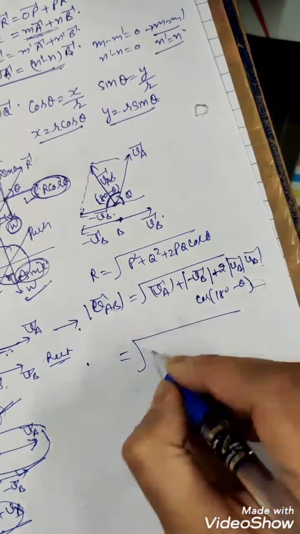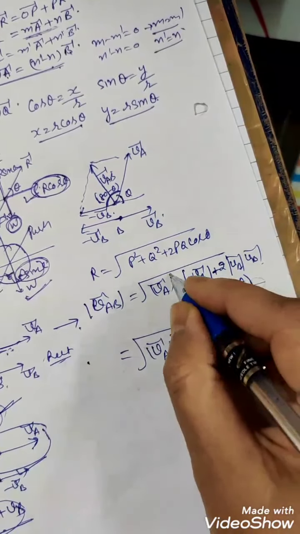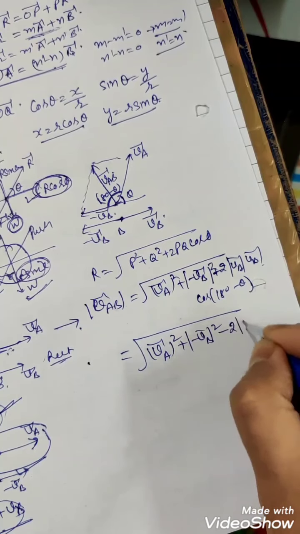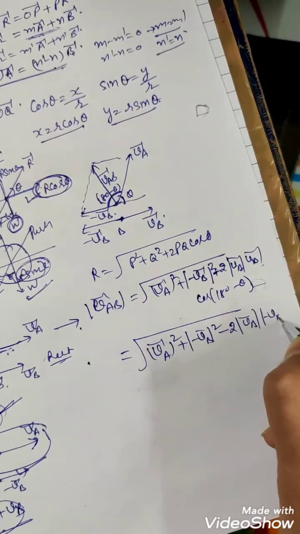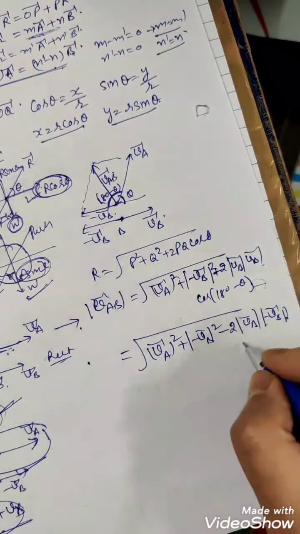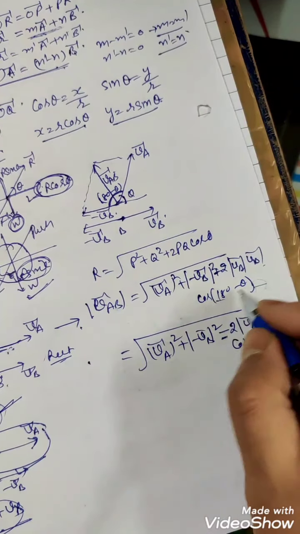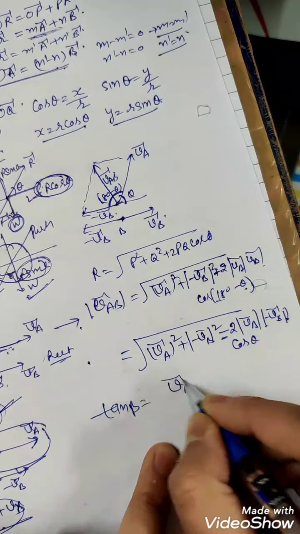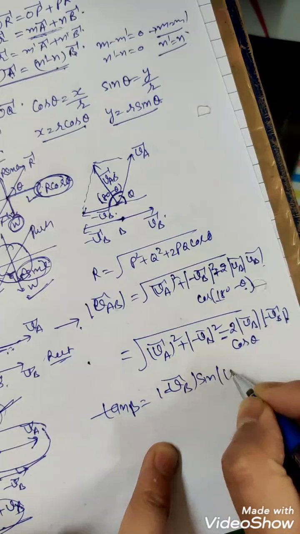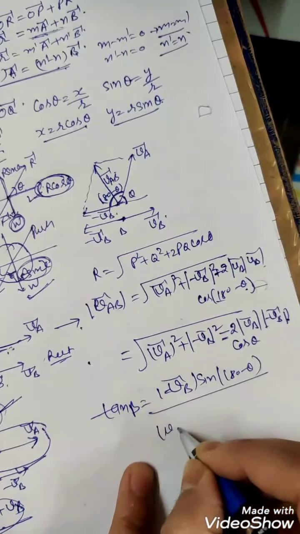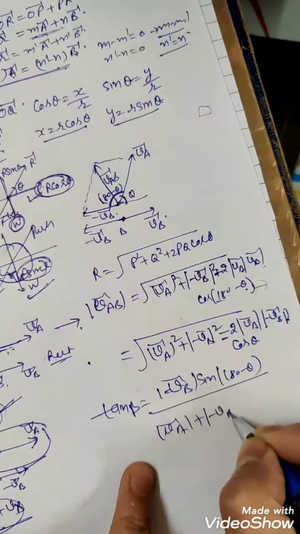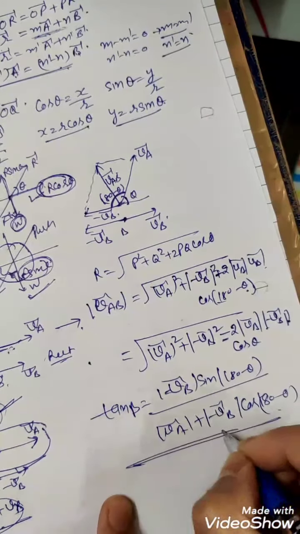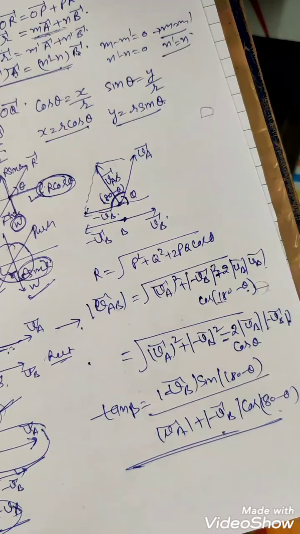So I write A squared plus B squared minus 2AB cos theta. The negative comes from 180 minus theta. When you want to find the direction, you have tan alpha equals B sin of 180 minus theta upon A plus B cos of 180 minus theta, with B negative. Again, by using this we find the relative velocity.